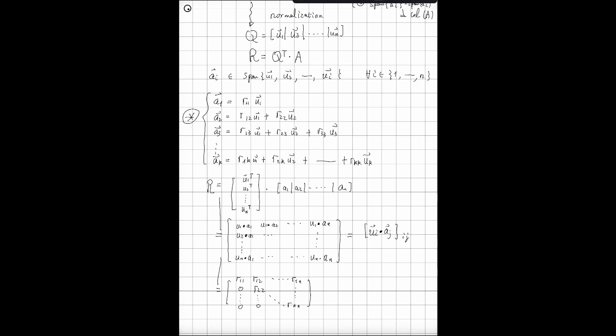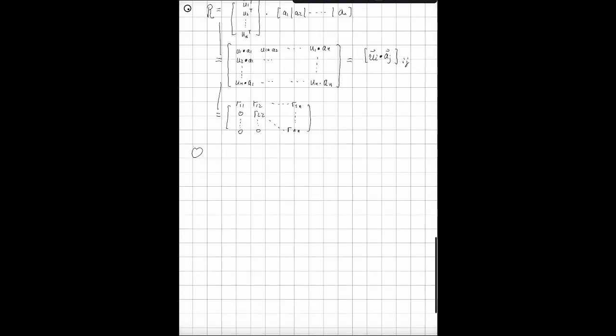And now the final thing to check is that A equals QR. Notice what is QR? A is A1, A2, An. Q is U1, U2, Un.